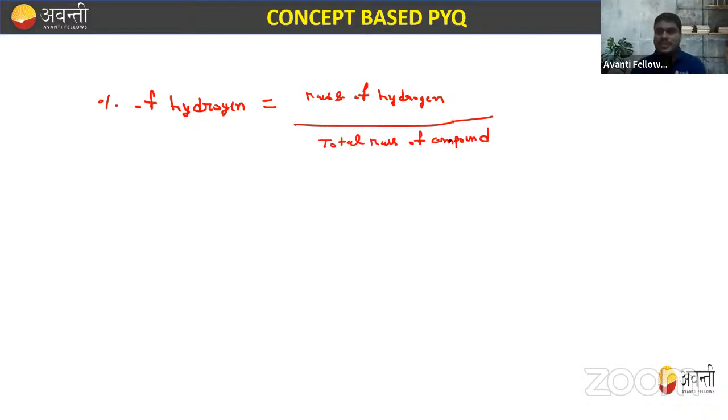So percentage of hydrogen is equal to mass of hydrogen divided by the total mass of compound. Right? So total mass percentage of hydrogen is 5.6%.